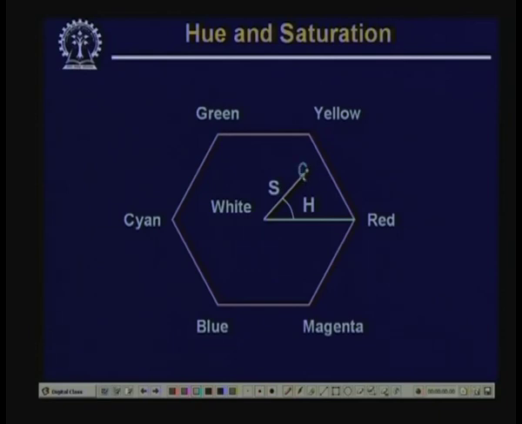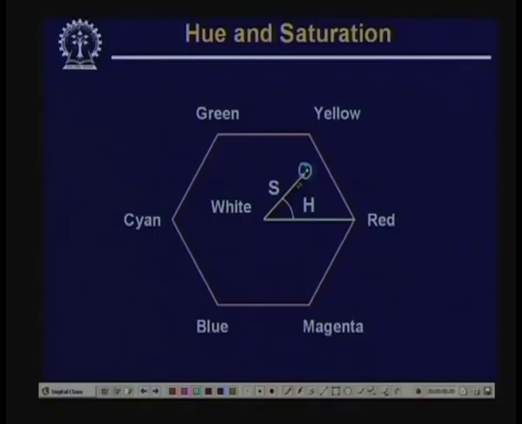Say this is a plane corresponding to a color point in the RGB color space. The plane defined by the corresponding color point, the black point and the white point, on which this point will lie, will be projected as a straight line on this particular plane.